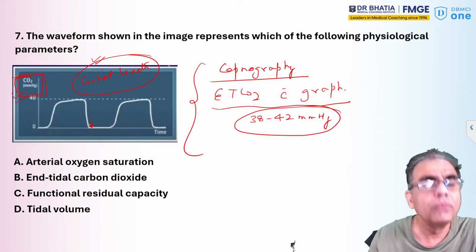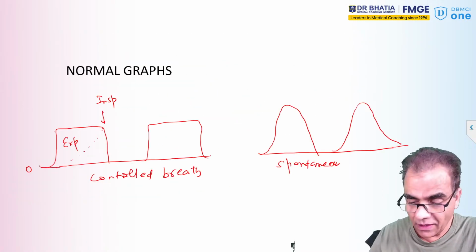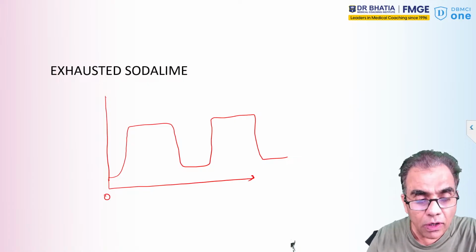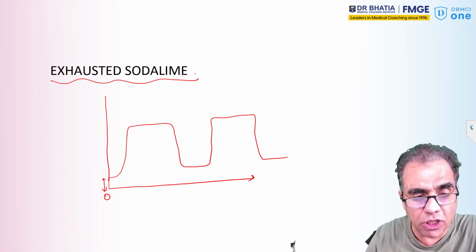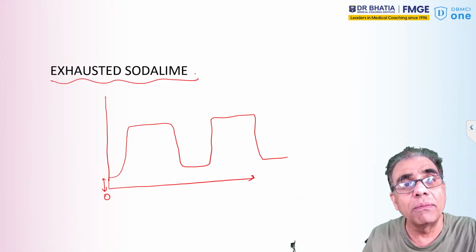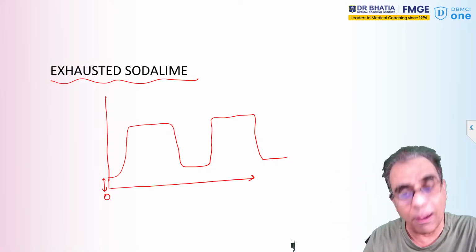But if the patient is inhaling carbon dioxide, then it cannot come back to zero. It will be higher than zero. So it indicates that soda lime is exhausted, so we have to change the soda lime. So we can decide to change the soda lime by looking at the capnograph.